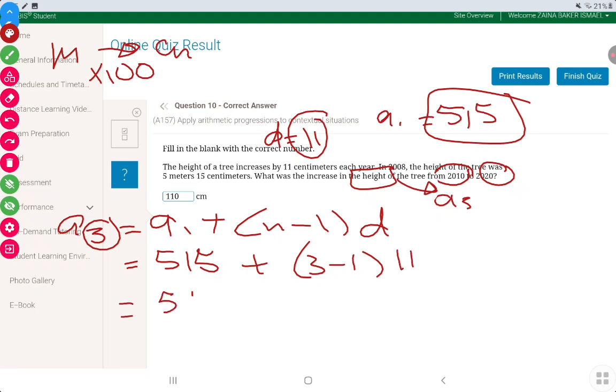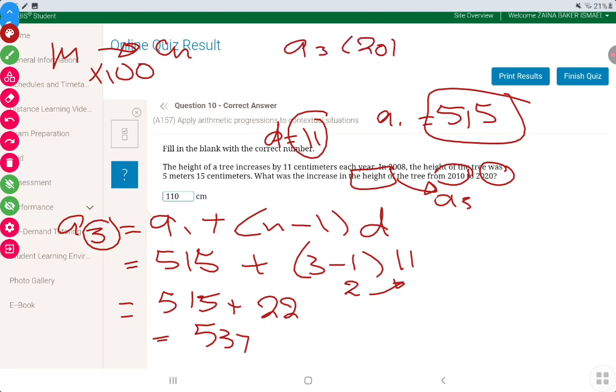So 515 plus 3 minus 1, which is 2. 2 times 11 is 22. So 515 plus 22 is 537. So A3, which is 2010, the height in 2010 is 537.